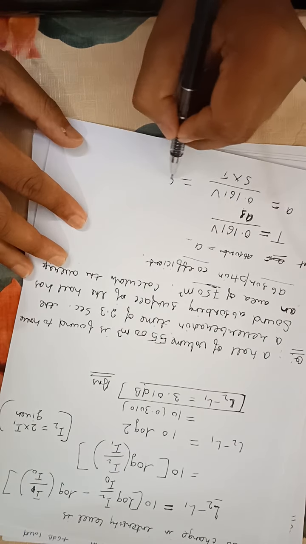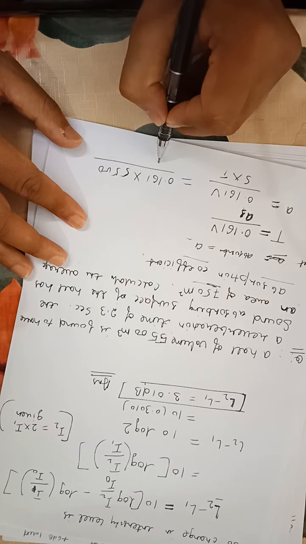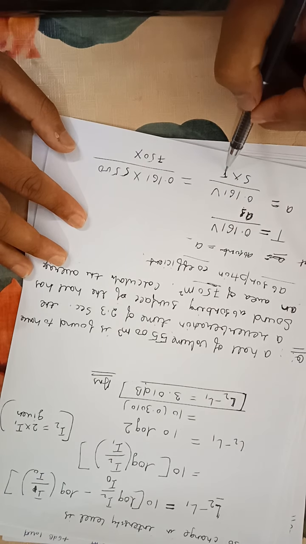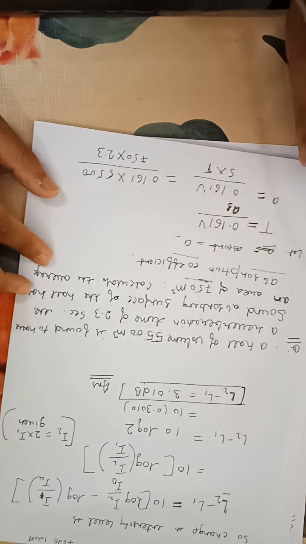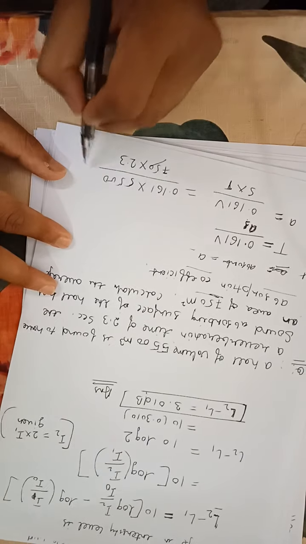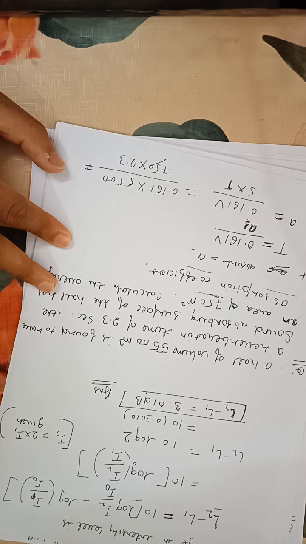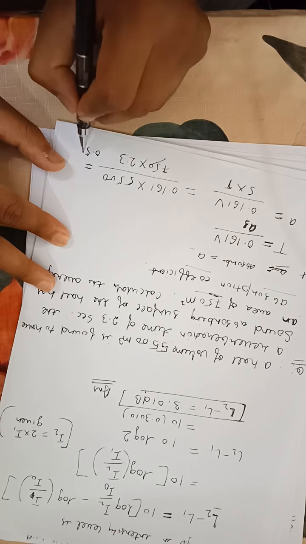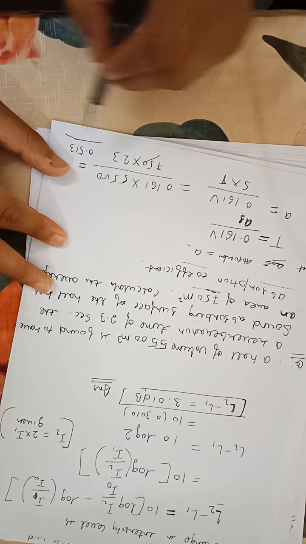Now we will put the values: 0.161, volume is given 5500, area is given 750, into the reverberation time 2.3. So solving, we will get 0.513 as the answer.